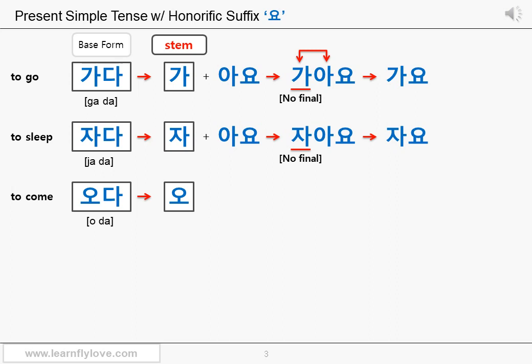오다, which is the base form of the verb to come. The stem is 오. Because it has the yang vowel 오, you need to add the ending ayo. Because the stem 오 doesn't have any final consonant, you need to combine it with the sound of ayo.